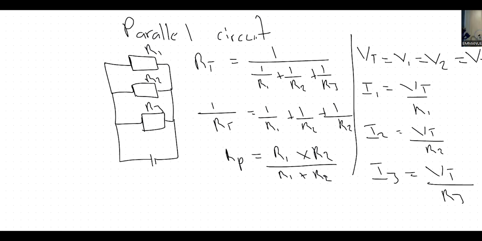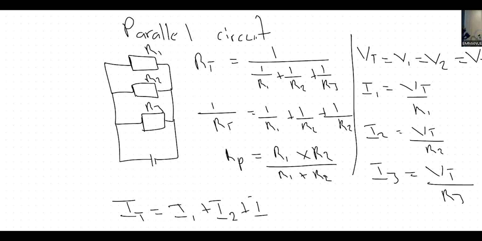So this is how you find your current, and you can use the rule that the current flowing towards the junction is equal to the current flowing away from the junction. Hence, IT is equal to I1 plus I2 plus I3.